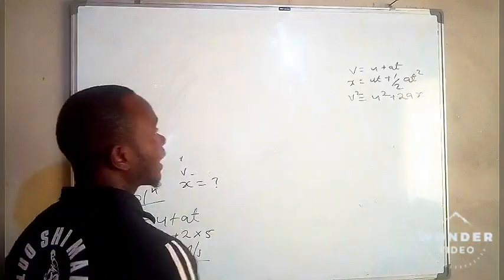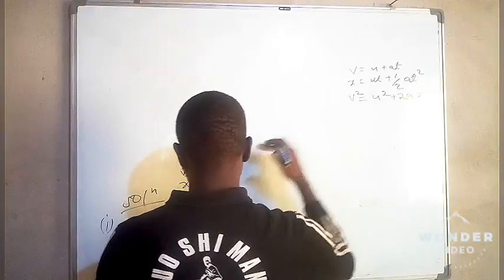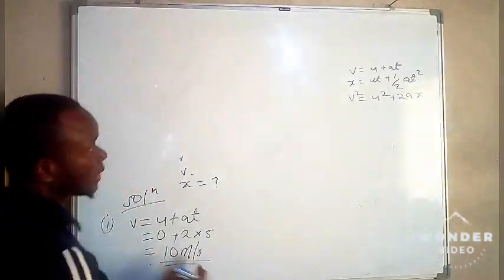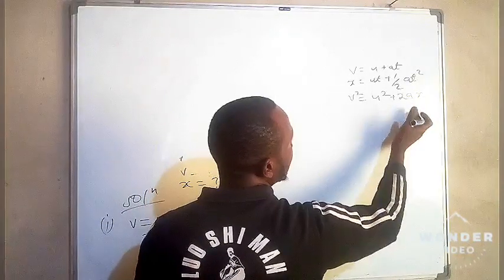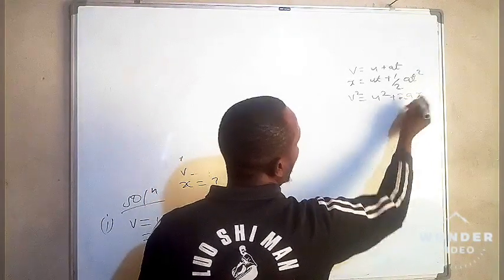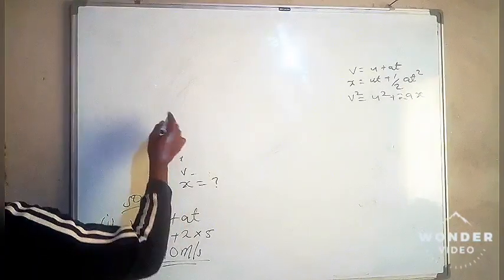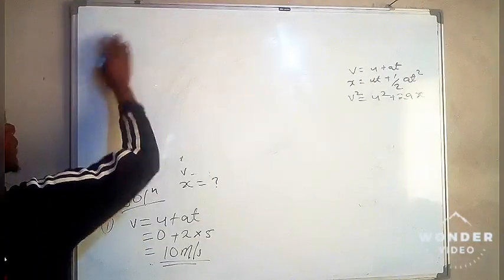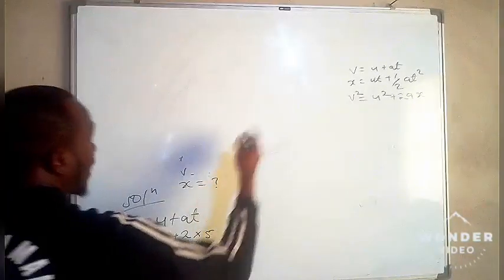So that one can work. And for this one, we have v squared. We have found v to be 10, and u squared is 0, and we have a, so this one can also work. So we're going to make use of these two equations in order for us to find that.